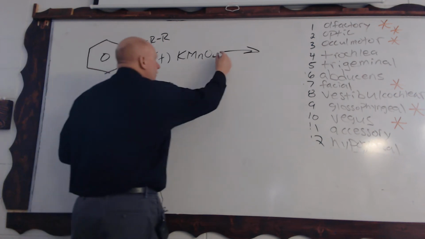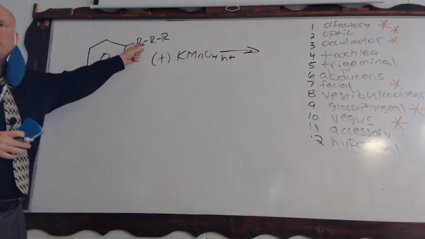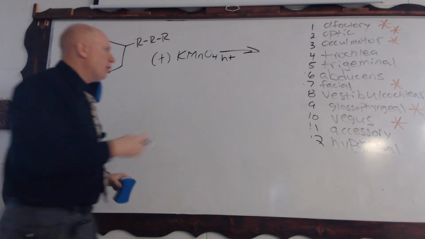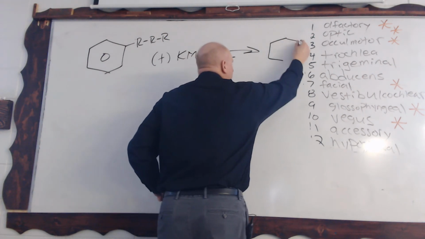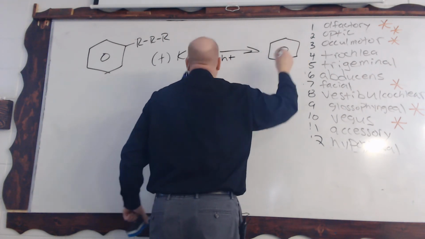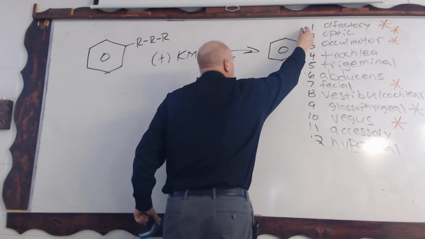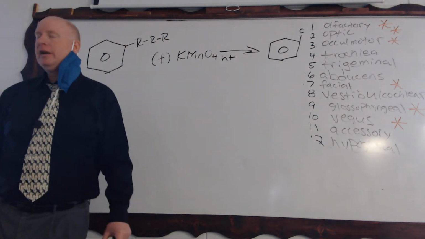So then we've got some of this. No matter how many carbons are on here, each and every one of them is going to get broken, and you're always going to form the same product. What does it illustrate? It's always going to be the same product over and over.